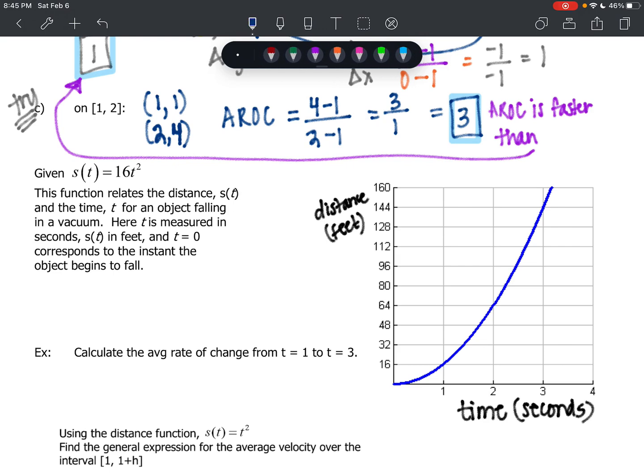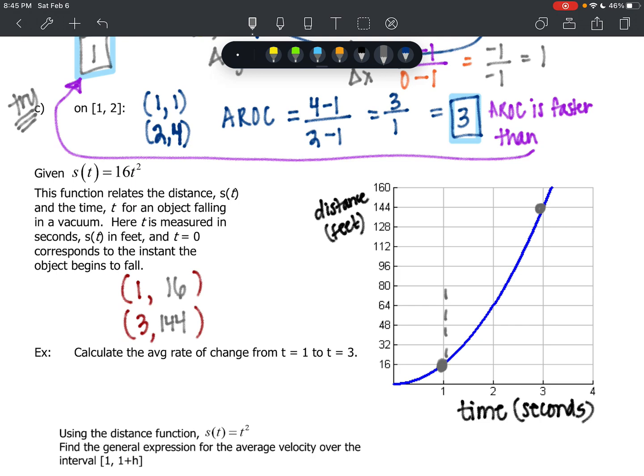So the first thing we're going to have to do is create those ordered pairs. So t equals 1, t equals 3. And now we're going to have to figure out what those corresponding y values are. When t equals 1, our output is 16. And when t equals 3, our output is 144.